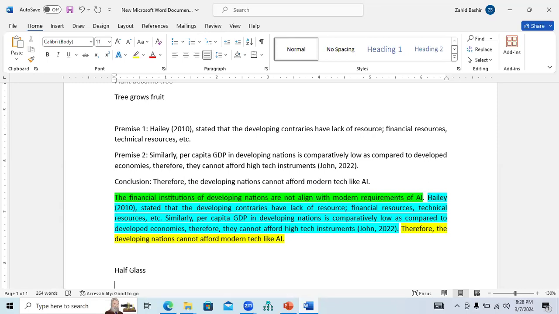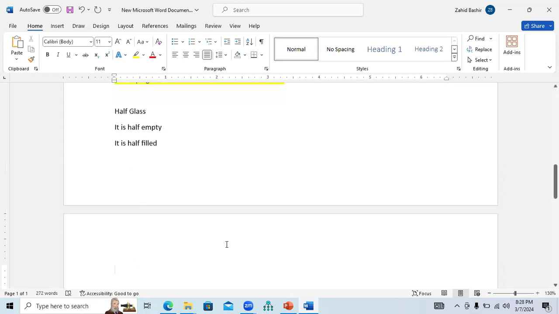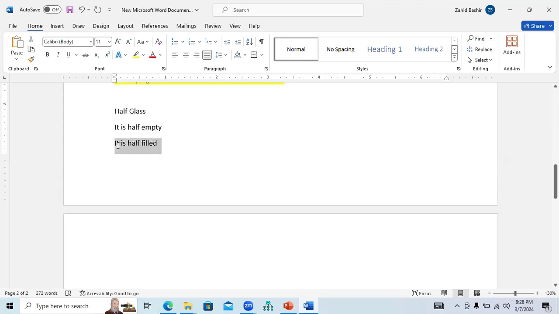Some will say that it is half filled. There is a difference of opinion. Both are right. Those who are saying it is half empty, they are right, and those who are saying it is half filled, that is right too.